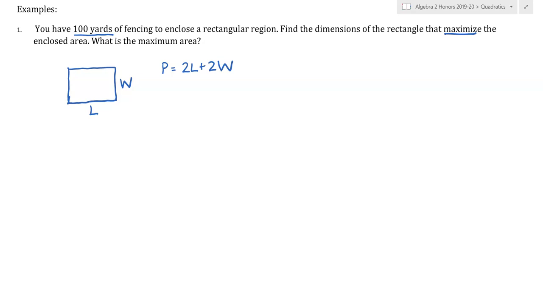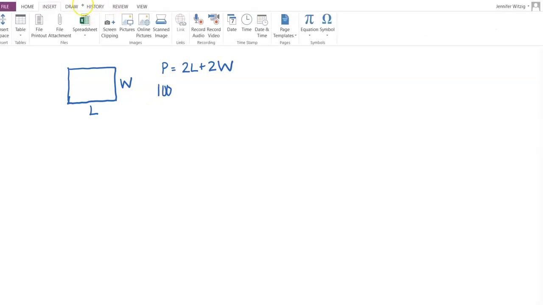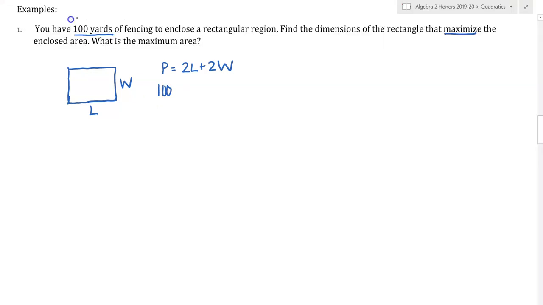So if perimeter is 100, and if I let my length be x instead of L, what happens now is that I can solve for W so that I have the width in terms of x.